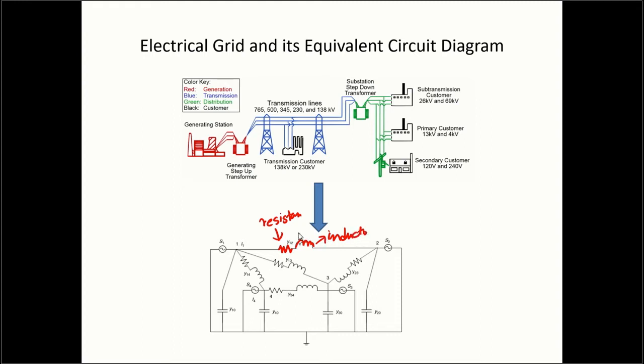But a resistance and inductor can represent an electrical line or even a load as well, and then some of the other elements like capacitors are represented by these two parallel lines, and a voltage source is any generation unit.